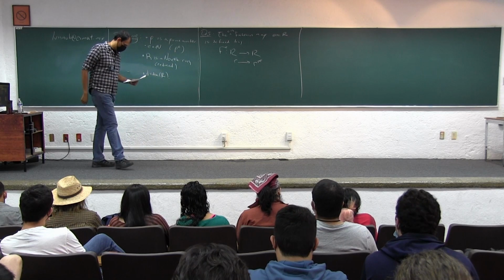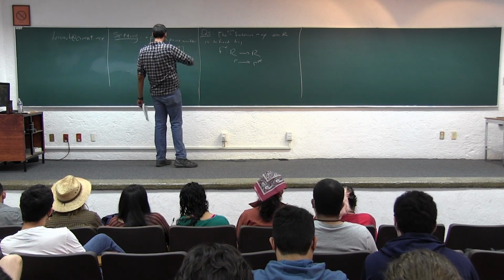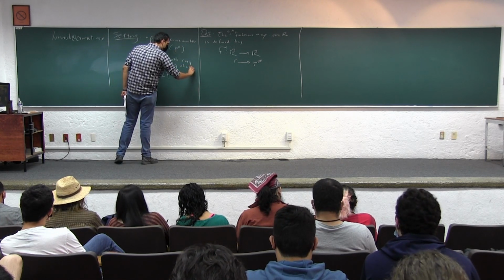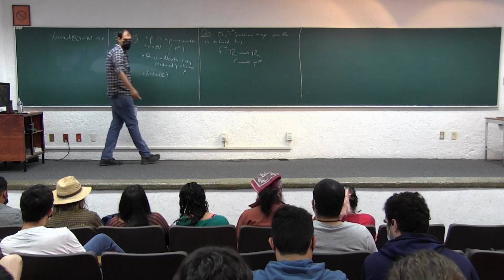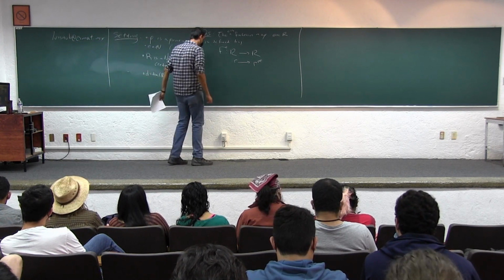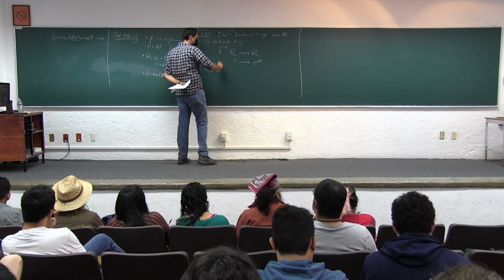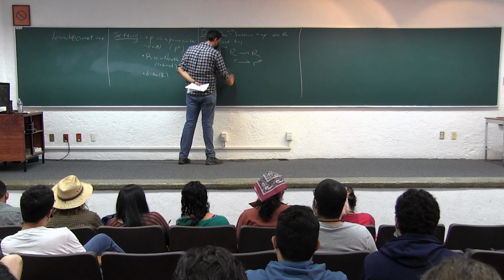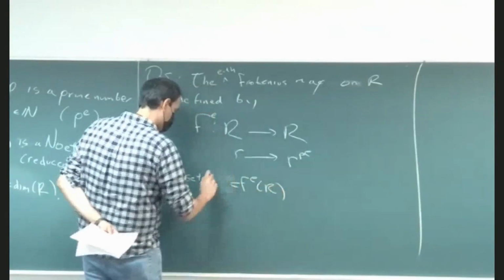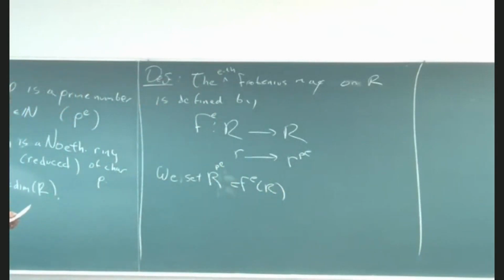This is a map of rings, and we can do this exactly because we're working in a reduced ring of characteristic p. And we're going to set the image of this map to be denoted by R^(p^e).